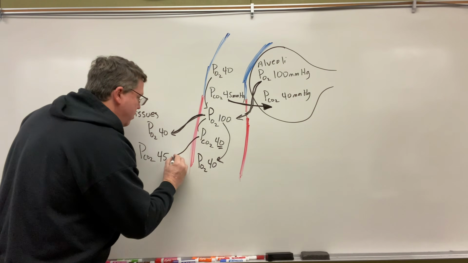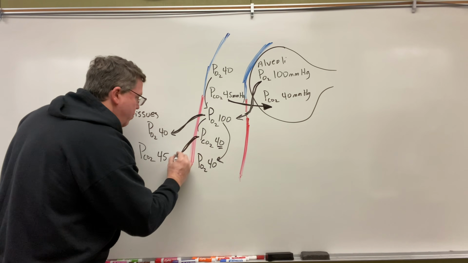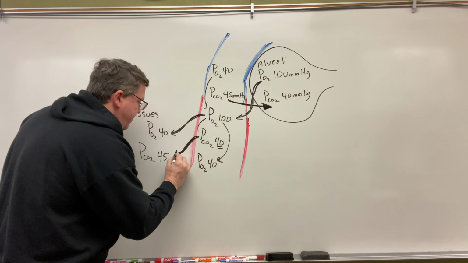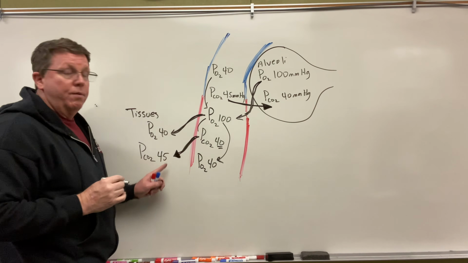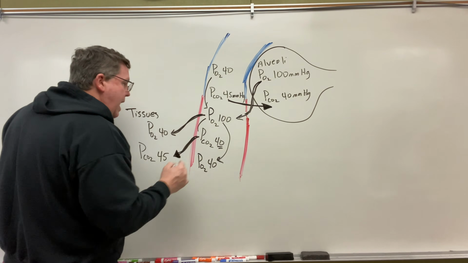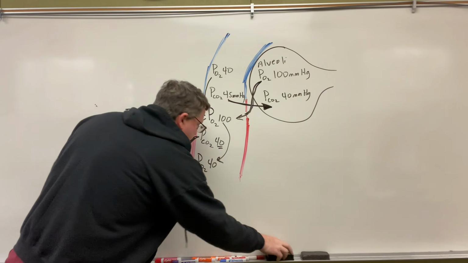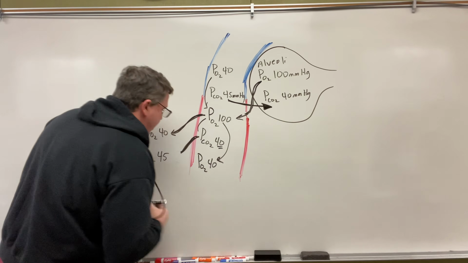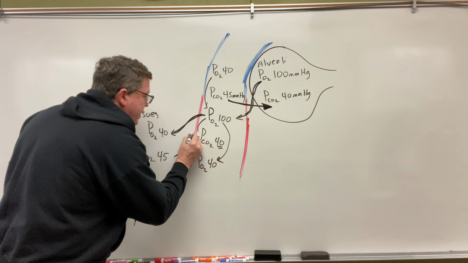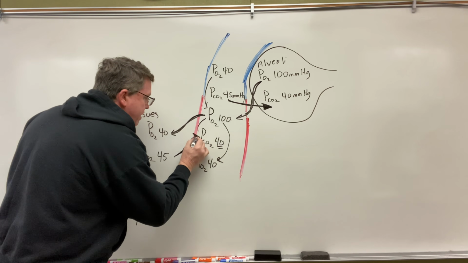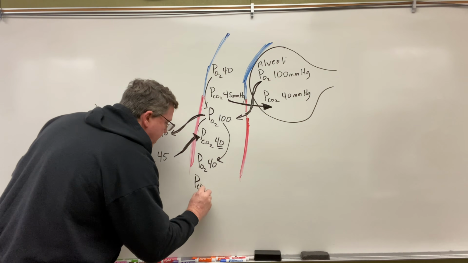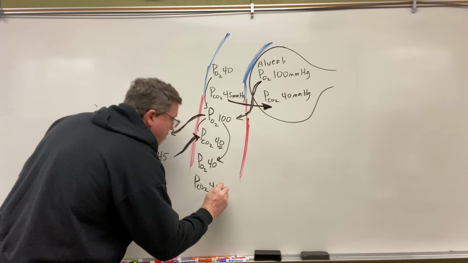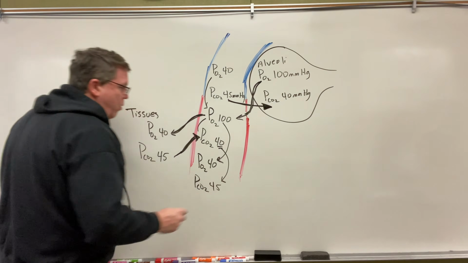So this is going to come out and reach equilibrium with this also. Now, I'm sorry, I'm going the wrong way. My carbon dioxide is going to enter. And because it enters the bloodstream, my carbon dioxide is now going to go up to 45.